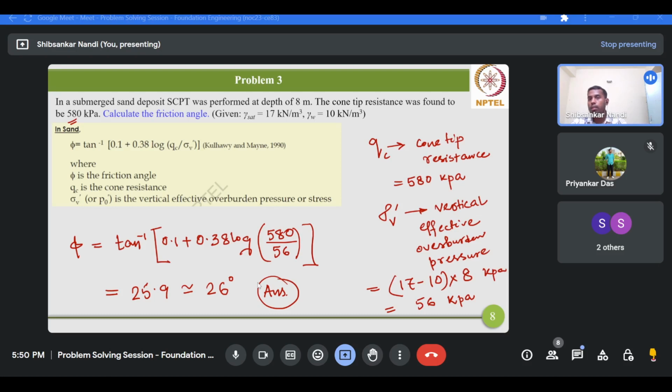Or in other words, what are the differences between SCPT and SPT? SCPT means static cone penetration test and SPT means standard penetration test. So what are the differences, in terms of merit and demerit?